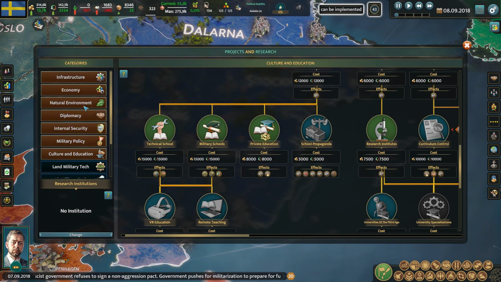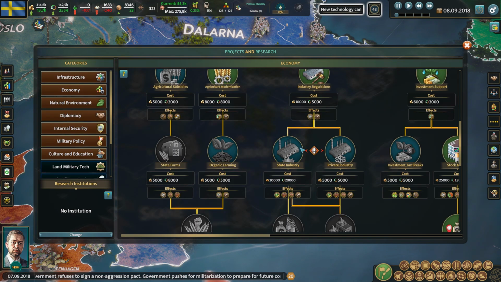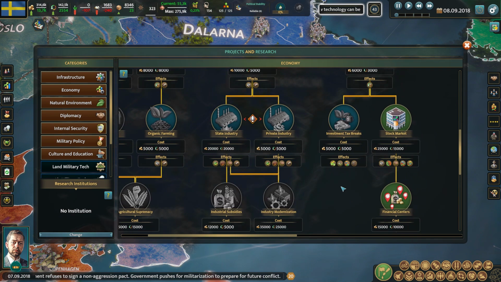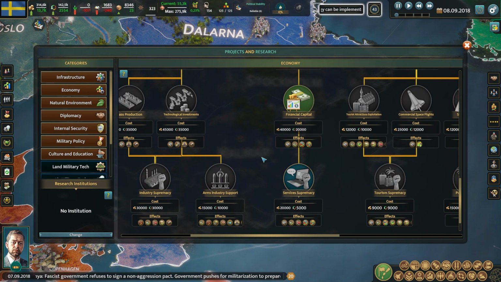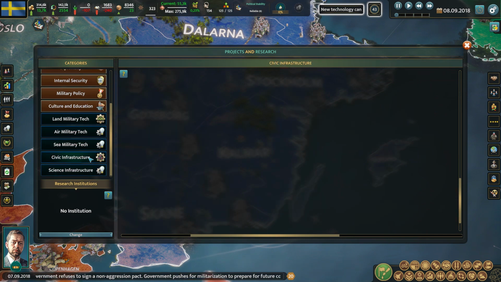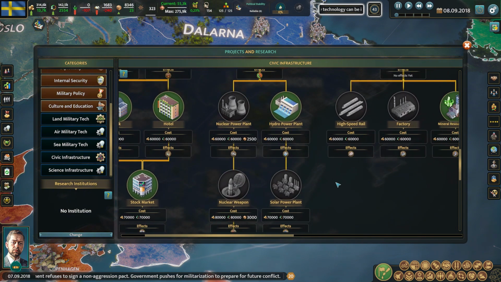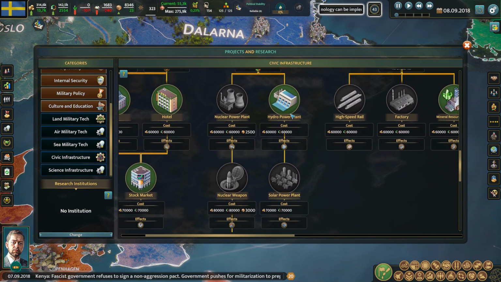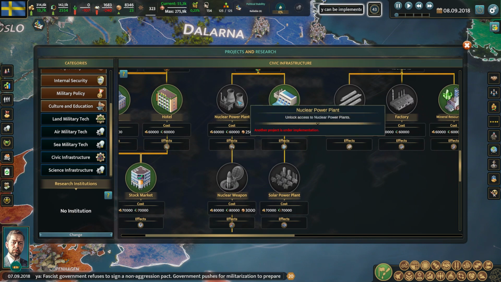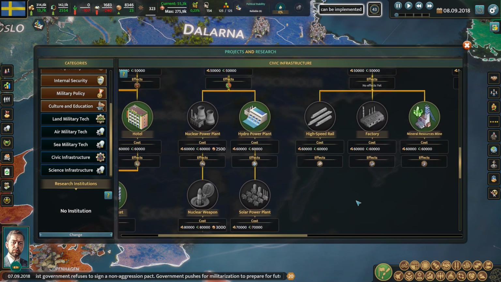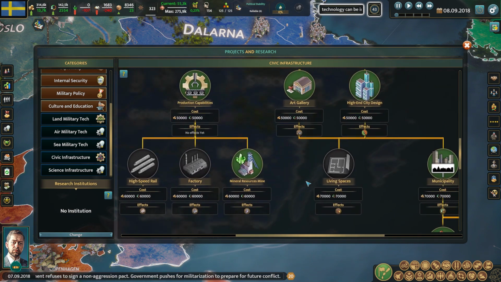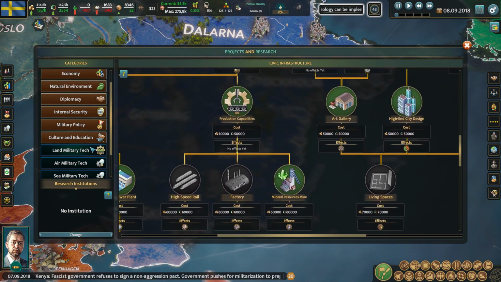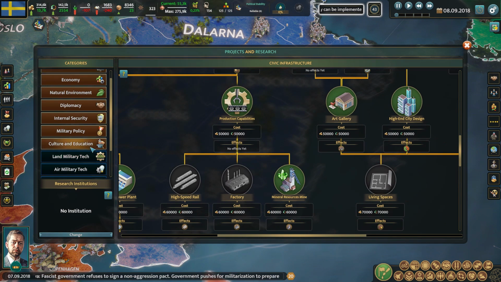Frankly, it is very key to develop your economy as quickly as possible, with certain very specific projects in the civic infrastructure, like the hydro plants or the alternative nuclear power plants, mineral resources mine, and the assorted research.